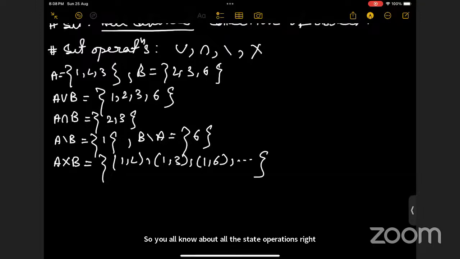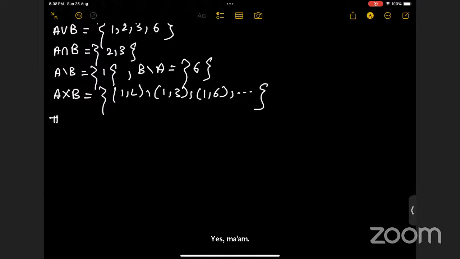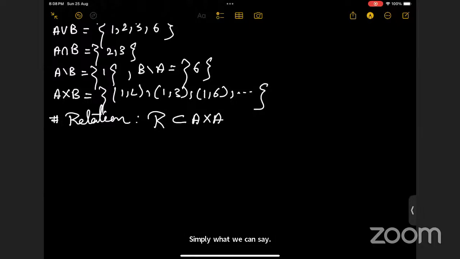So you are now comfortable with the set operations. Then we defined relation. Simply, a relation on A is a subset of A cross A, right?